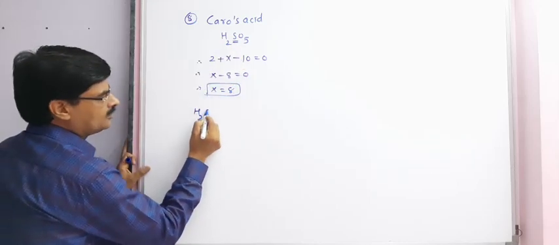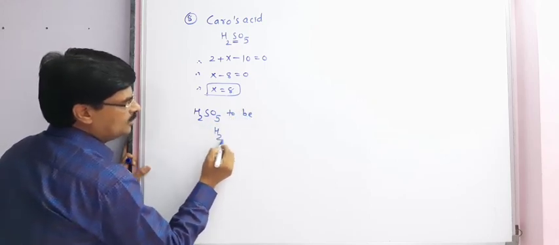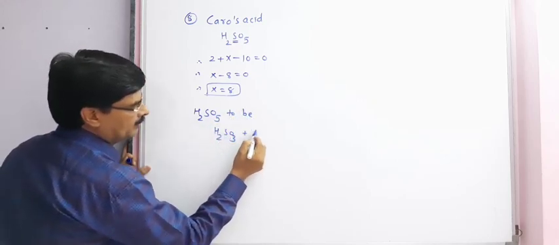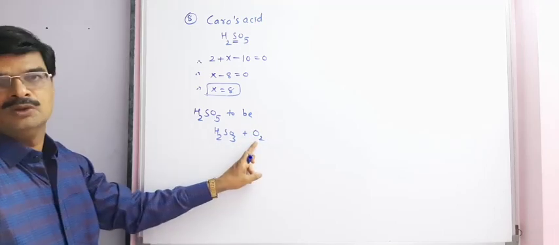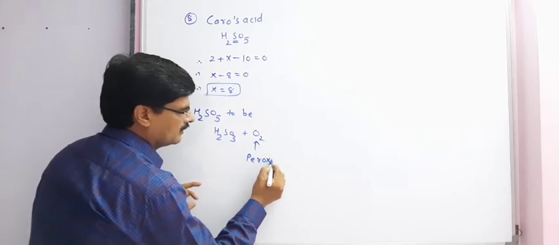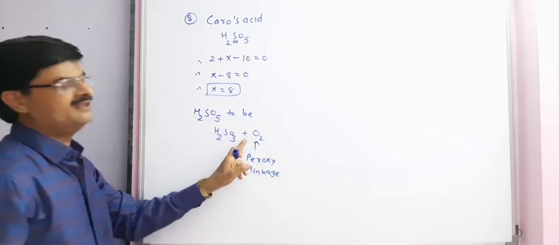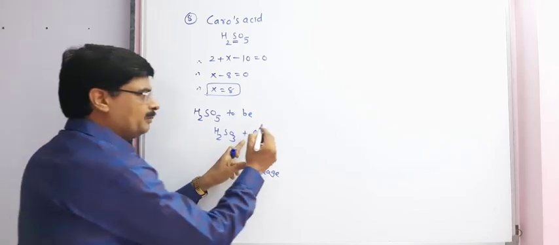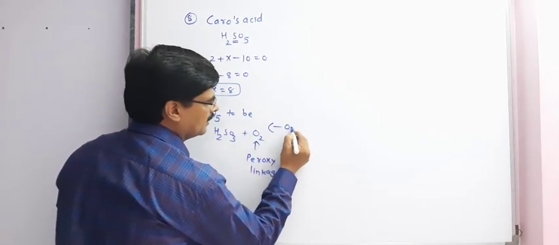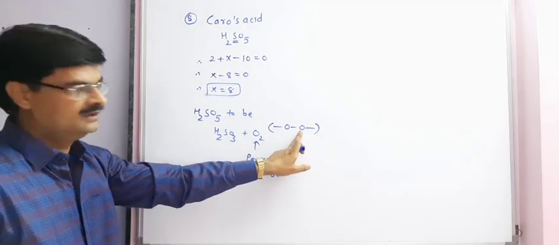Take H2SO5 to be H2SO3 plus O2. This is a peroxy linkage. So peroxy linkage means this way the peroxy linkage is present.